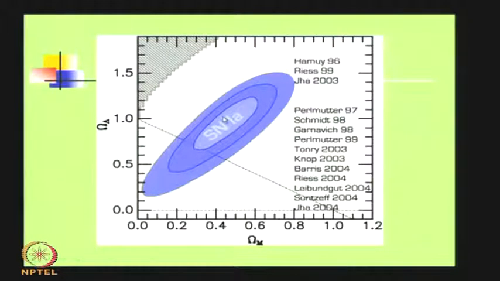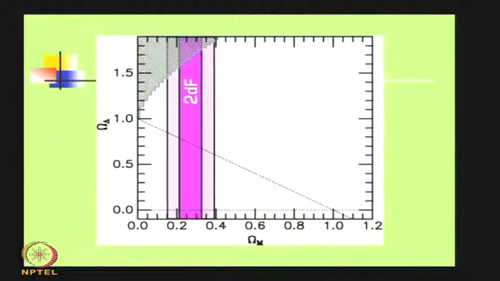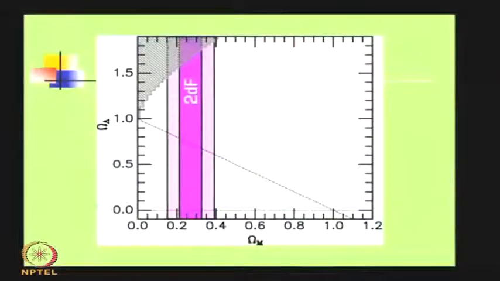But there are other observations in cosmology which I have not mentioned. Let me just show you the results from these observations. I will not go into the details of how they are determined. These are observations of galaxy surveys. Galaxy surveys map out the distribution of galaxies in space, and these observations can be used to constrain the value of omega matter and omega lambda.